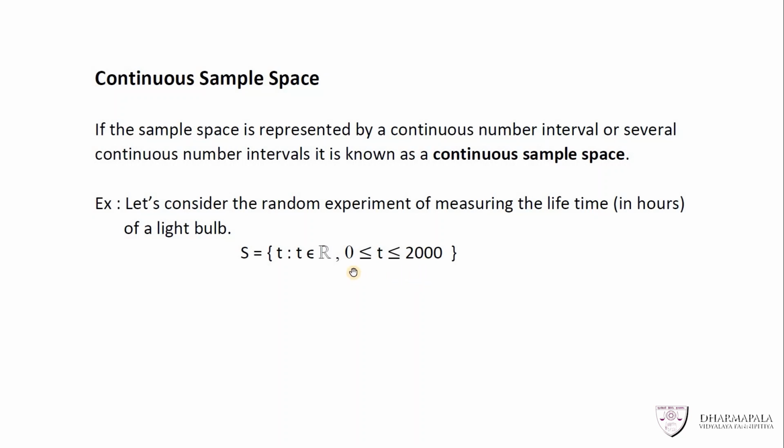It can be 0 also. So the interval will be from 0 to 2000. So this is the way to represent the sample space easily. It is clear we have used a continuous number interval. So these kinds of sample spaces are known as continuous sample spaces.